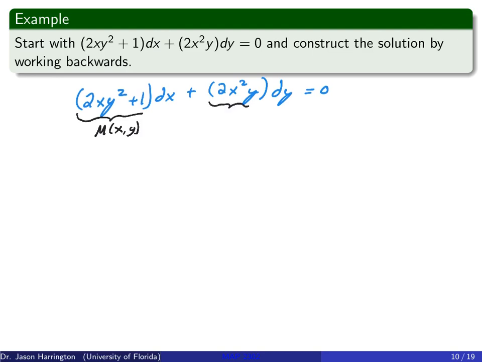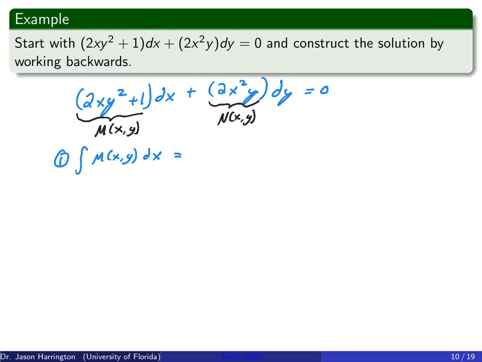I'm going to call this second term a function n of x and y. So, let's try this out. Step 1, I'm going to integrate m of x and y with respect to x.